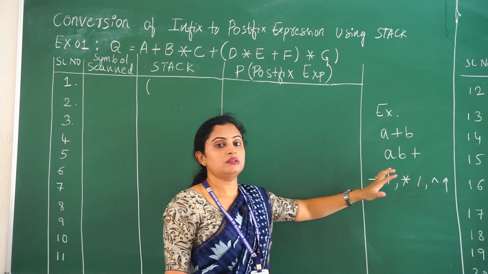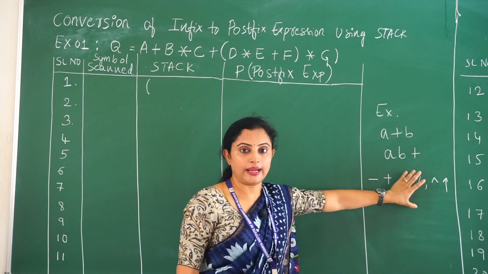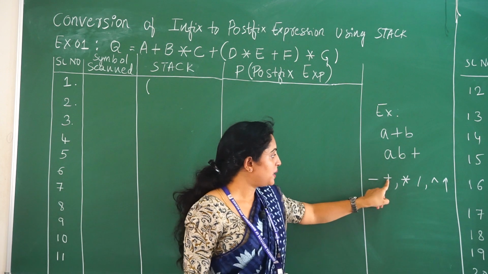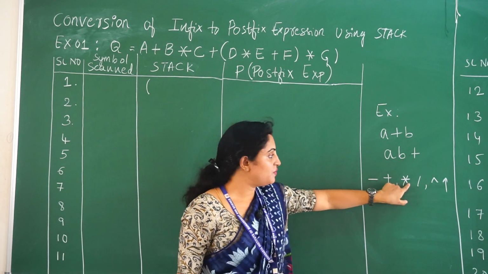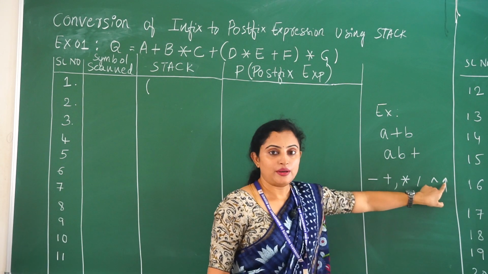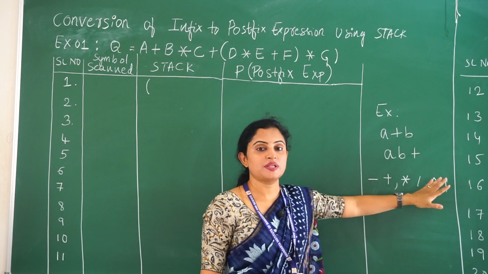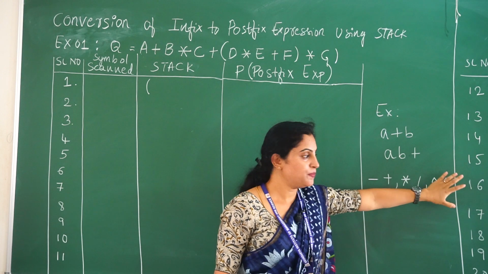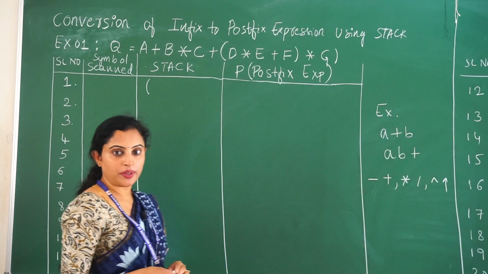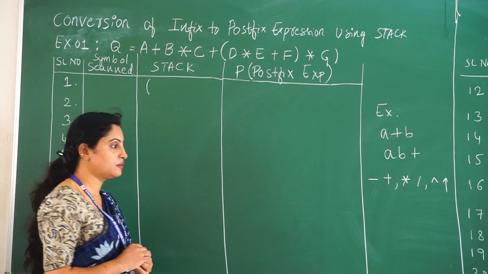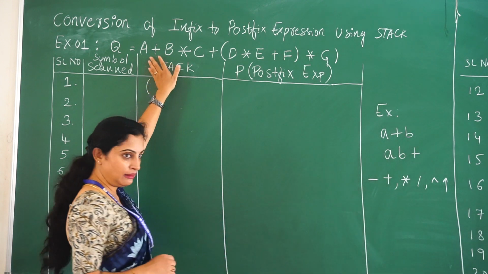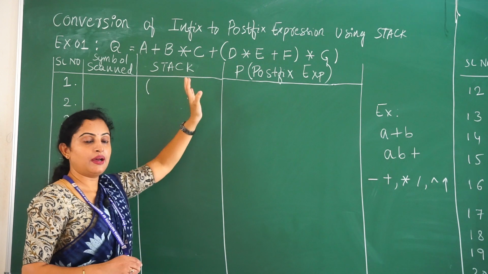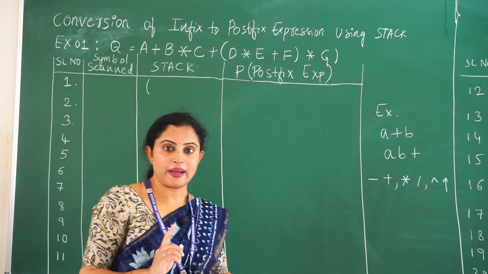So whenever these operators are encountered while scanning, we are not supposed to keep minus, plus, multiplication or division in front of the arrow or caret symbol, because the higher precedence operator should always be in front. We should not keep the lower precedence operator. And one more step is, when we are scanning the expression, we encounter the left parenthesis.